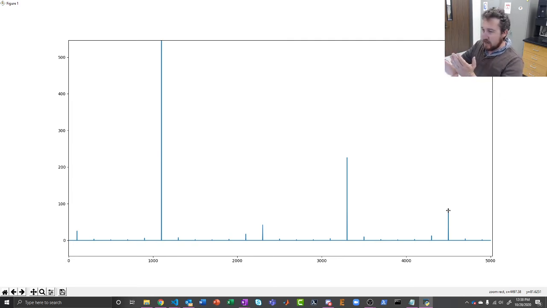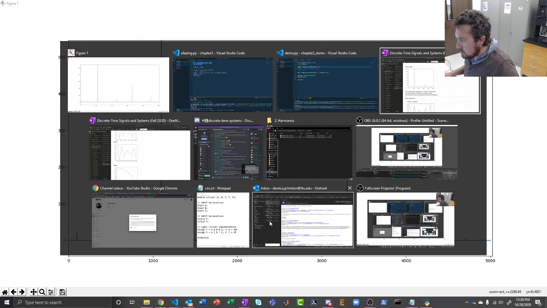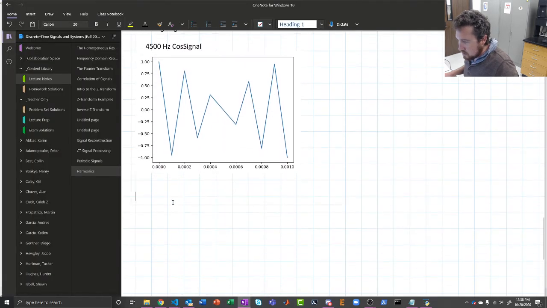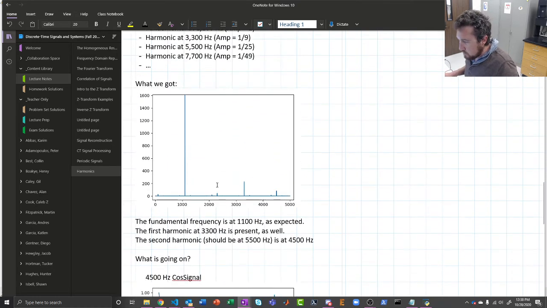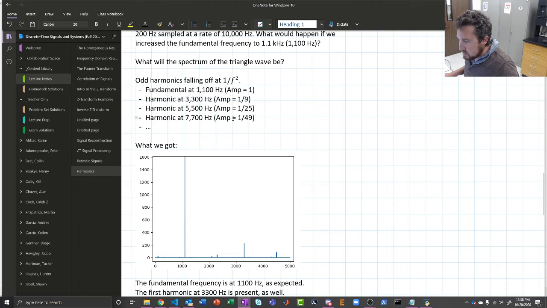So it basically hit the 5,000 hertz barrier and then just bounced back. It got reflected back over here. And we can see that play out as we look through the spectrum. So what should the next harmonic have been? The fourth harmonic should have been at 7,700 hertz.